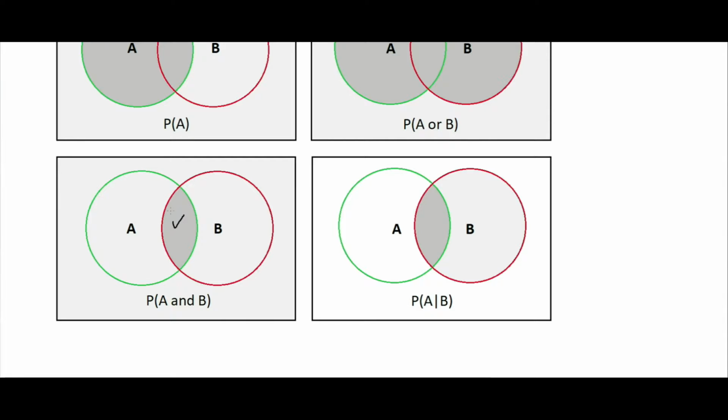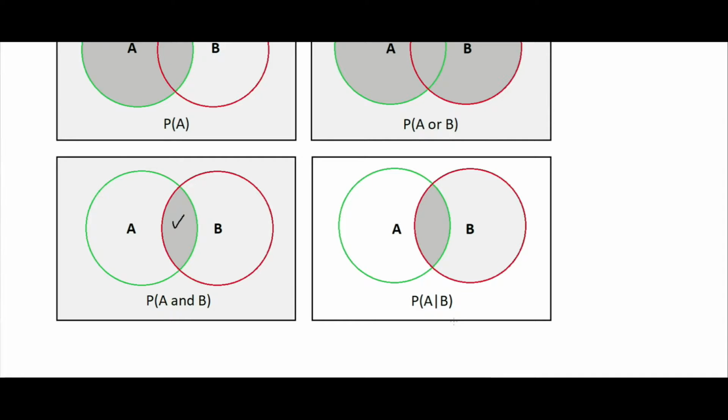So essentially what's in this dark gray here is the numerator, and then everything in the entire box is the denominator in our proportion. So then when we get to the probability of A given B, we end up with sort of everything in the box whited out or bleached out, except in B, and in this part where B and A overlap.